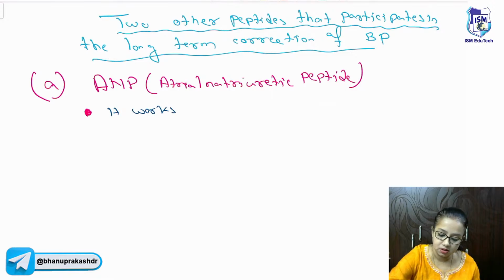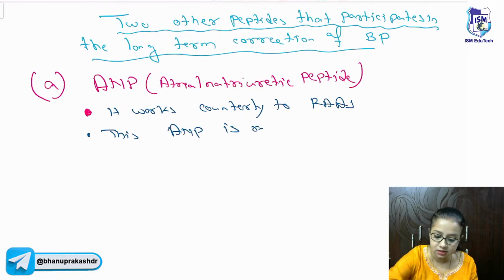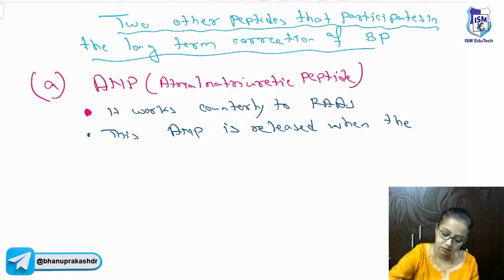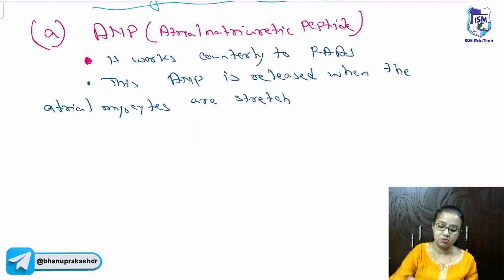Now, its first feature is that it works opposite to the RAA system. How does it do so? This ANP is released when the atrial myocytes are stretched. So whenever there is an increase in the blood pressure and the atrial myocytes are stretched, this ANP is released.